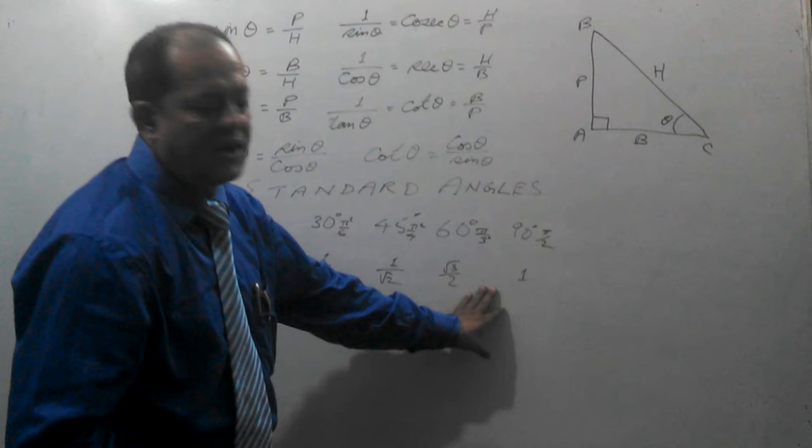Sine A plus B is equal to sine A cos B plus cos A sine B, right?